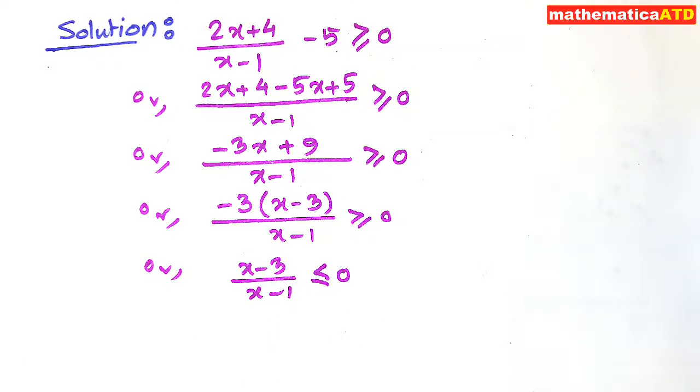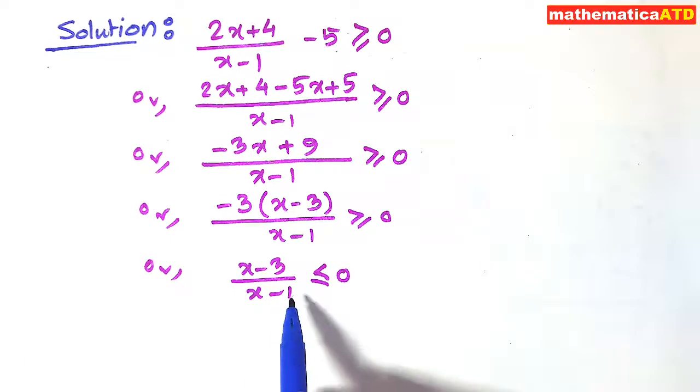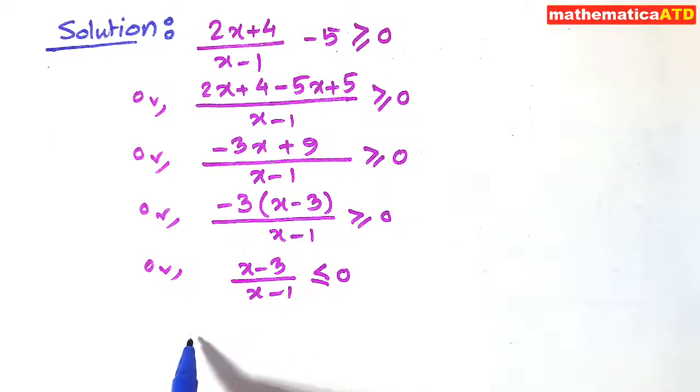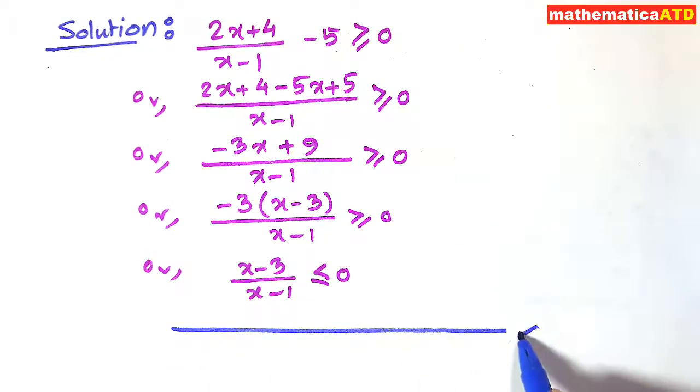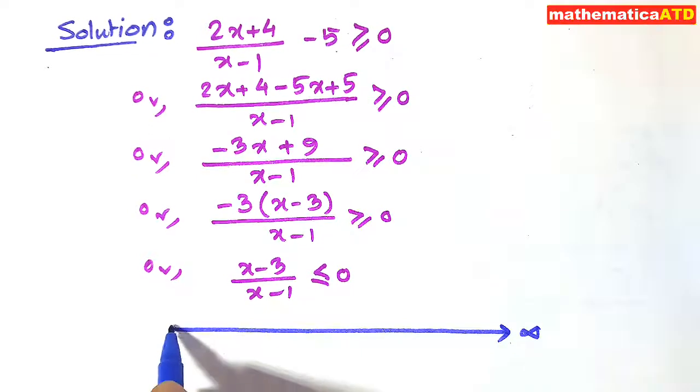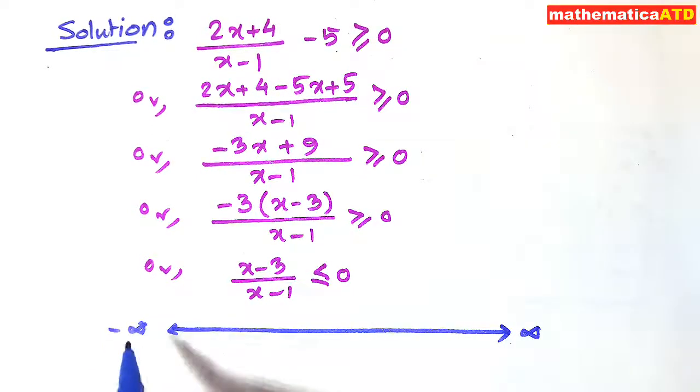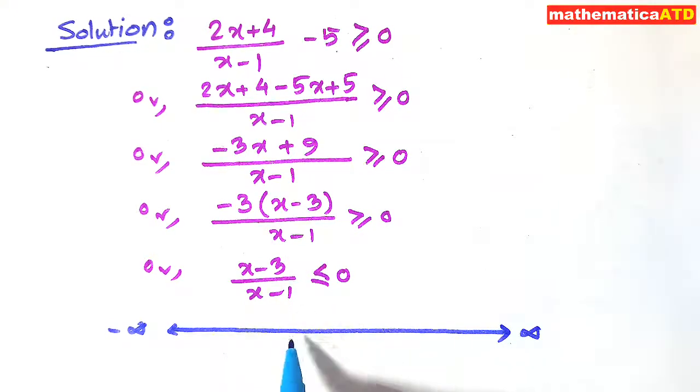So friends, we shall plot these two critical points on the real line. This side is for positive infinity, the left side is for negative infinity. Respectively, the critical points are 1 and 3. So let us consider this is 1 and this one is 3.